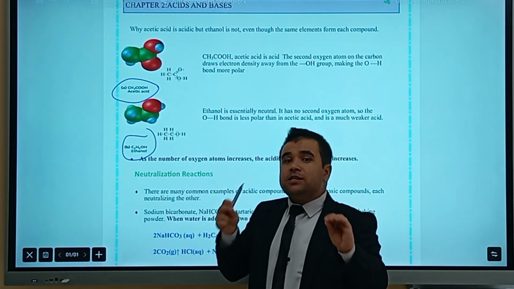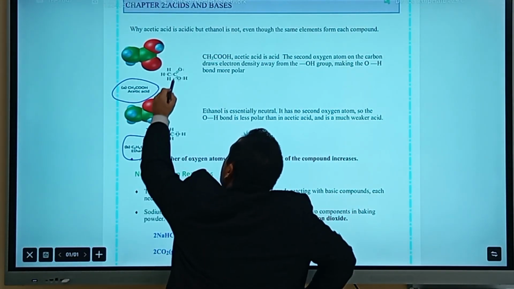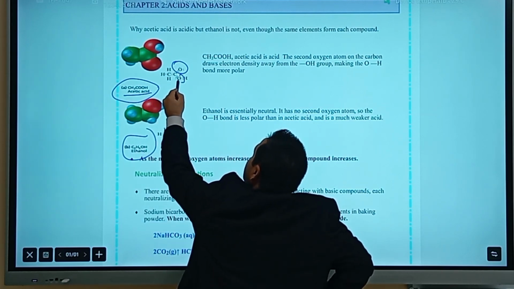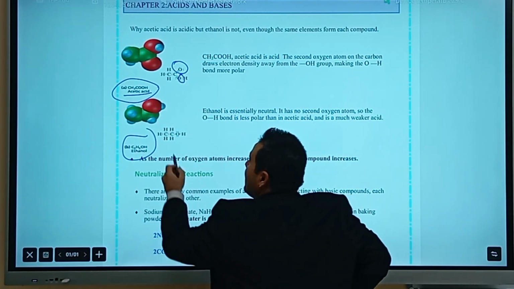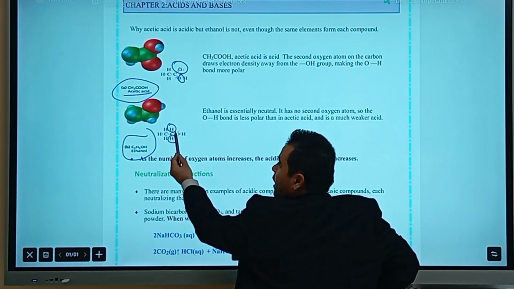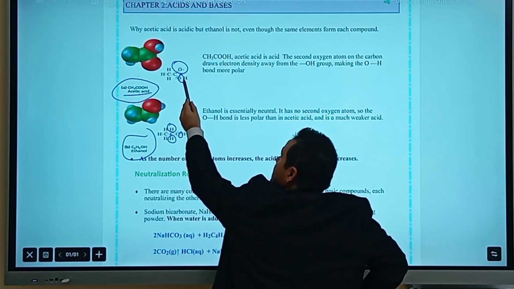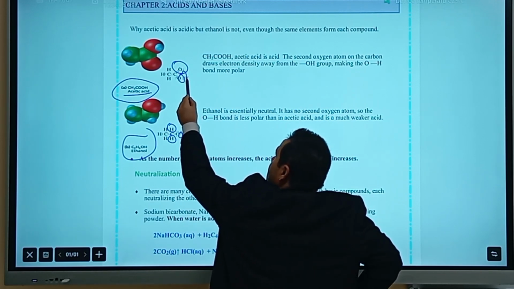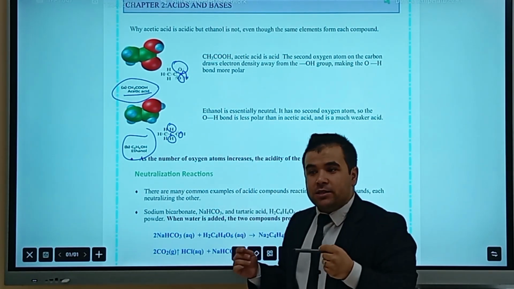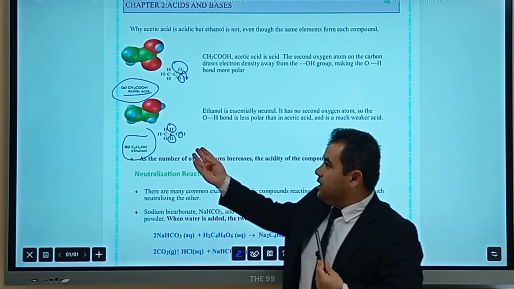This is because of having one more oxygen in the acetic acid, which increases the polarity of the bond of OH. But ethanol does not have that oxygen; instead of the oxygen here we have hydrogen. The polarity of this bond is not as high as above, because the oxygen there increased the polarity. That's why it increased the tendency of acetic acid to donate or release protons much more easily than ethanol.